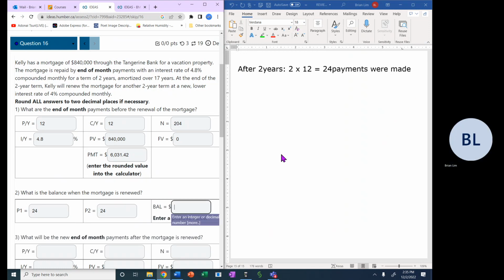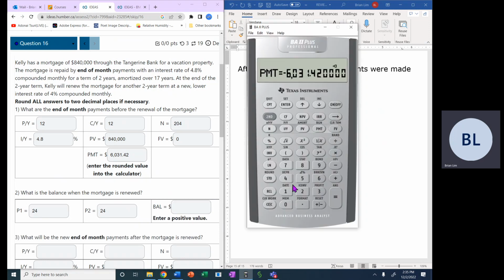All right, so let's go to the calculator, and we go second PV, that's the amortization. We put in 24 for the P1 value, and we put in 24 for the P2 value.